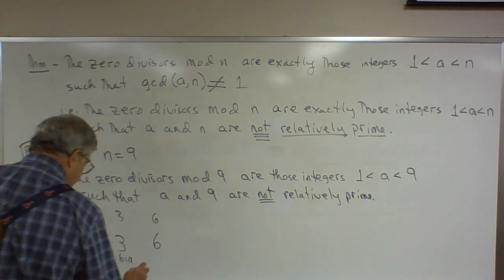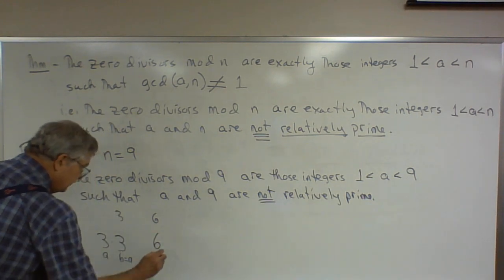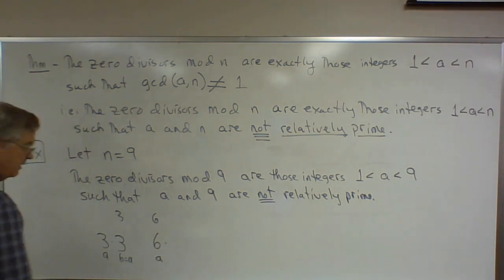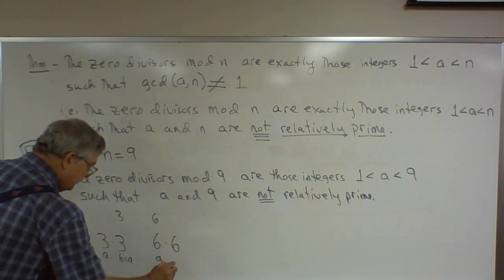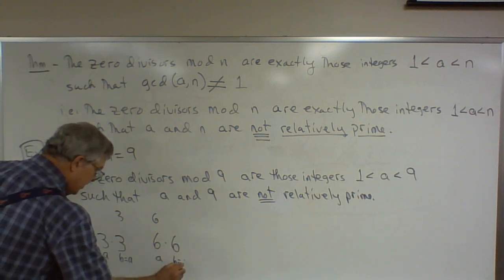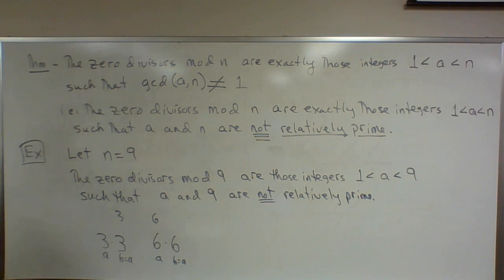Here's our A, that's 6. And here's our B, that's 6. 6 times 6 is 36, which is congruent to 0 mod 9, because 36 is 4 times 9.